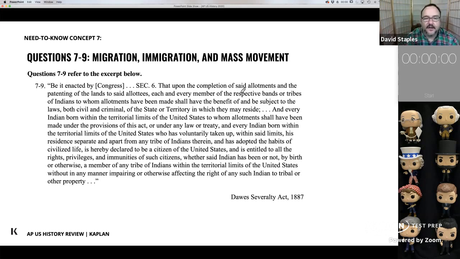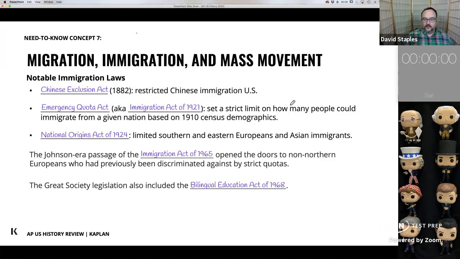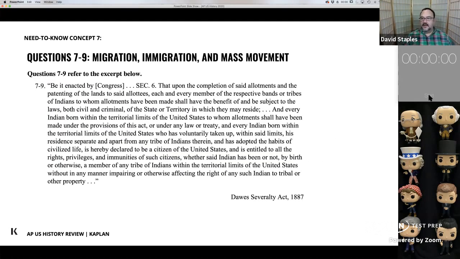There are several times that this happens, and this is one of them. I want you to go ahead and read this law that comes through and see if you can process what it's talking about. We're going to have 3 questions, and then we're going to look at some ways to tie these 3 things together. Okay, so go ahead and take a minute to read the Dawes Act.